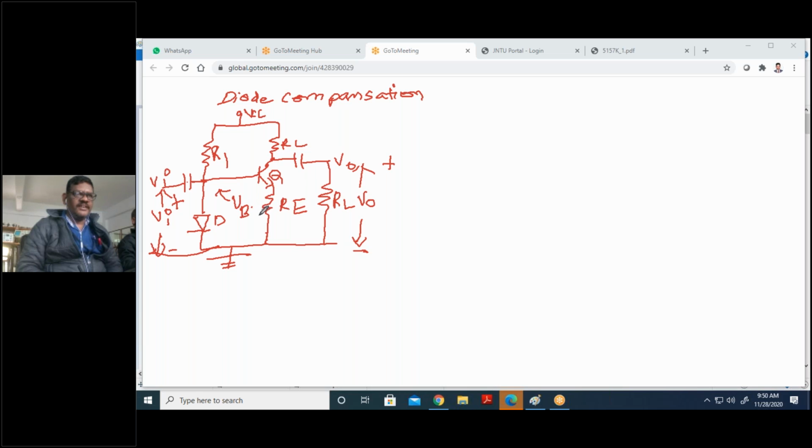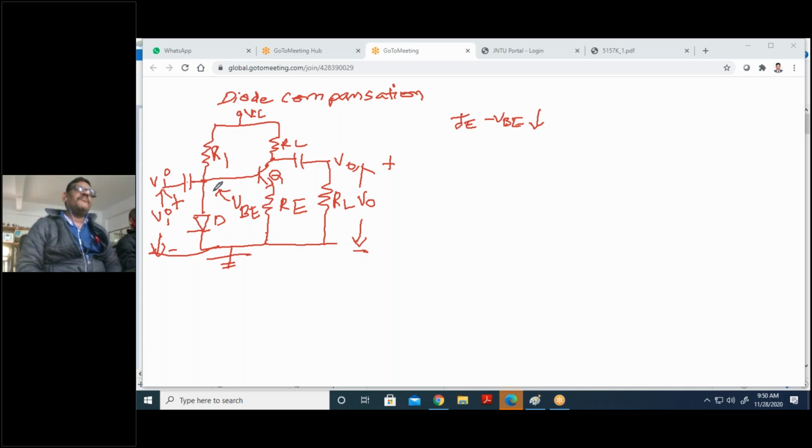In that condition, your input diode goes into the on state. Whenever the diode goes on, the VBE of the transistor emitter junction JE voltage, with the effect of temperature, VB increases.